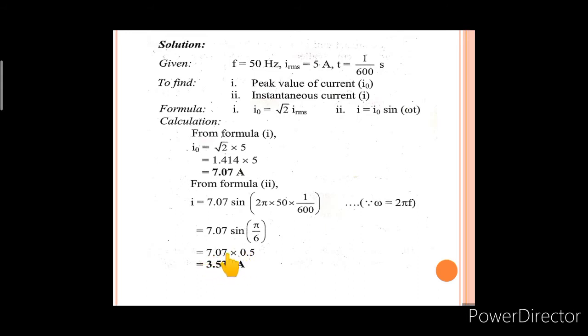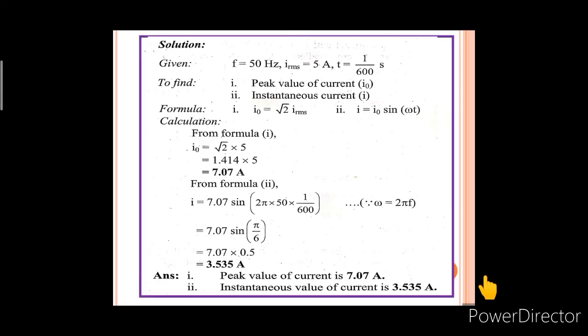The multiplication of 7.07 and 0.5 gives us 3.535. So the value of the instantaneous current I we are getting as 3.535 ampere.